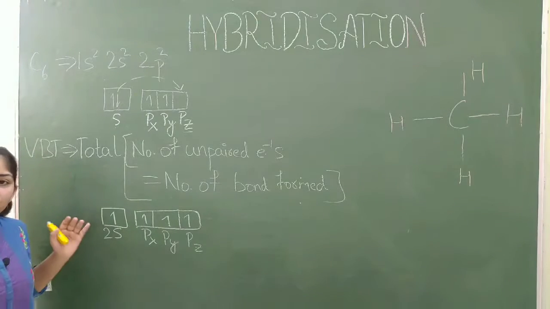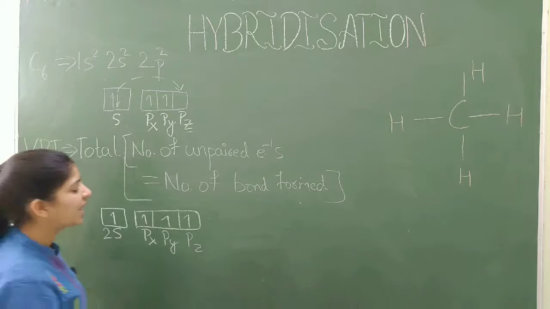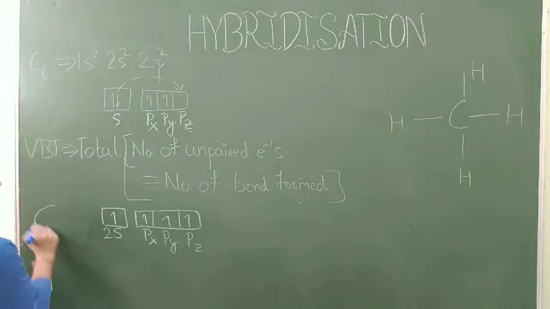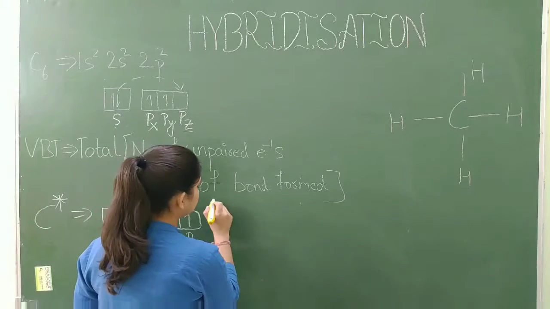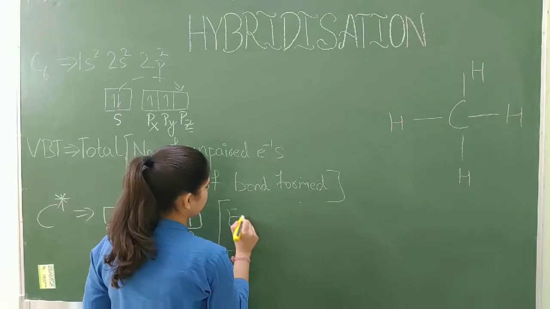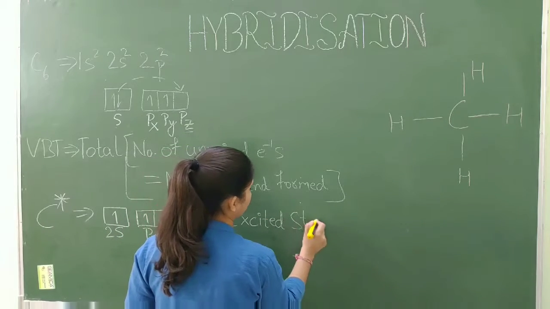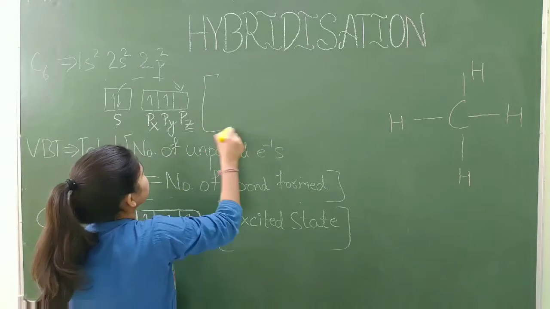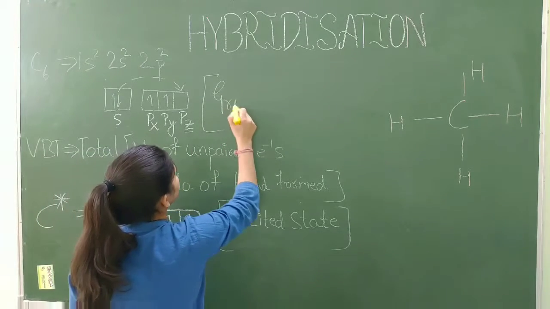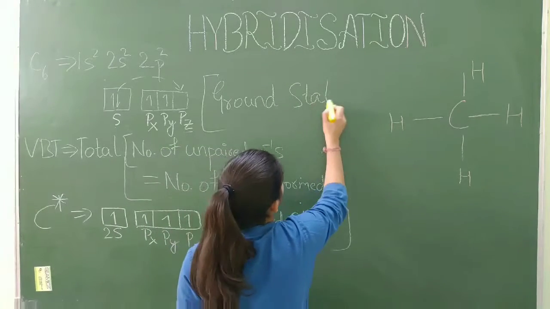Now carbon can form 4 bonds because it has 4 unpaired electrons, and this state is known as the excited state. And this state is known as the ground state.